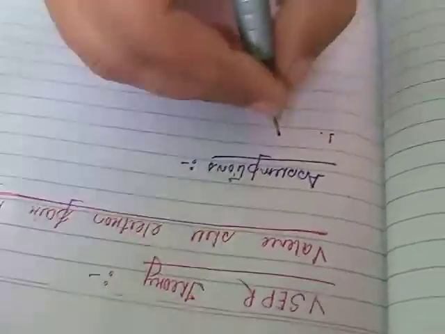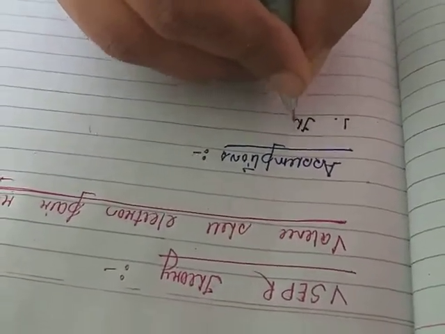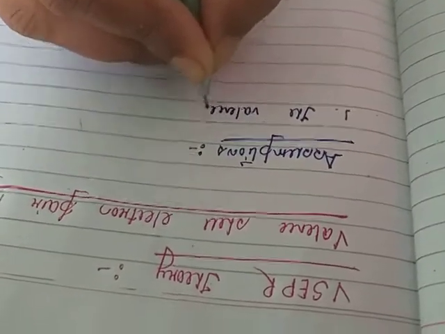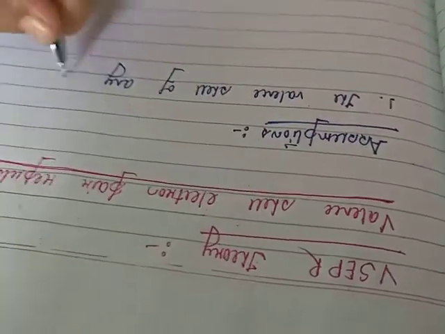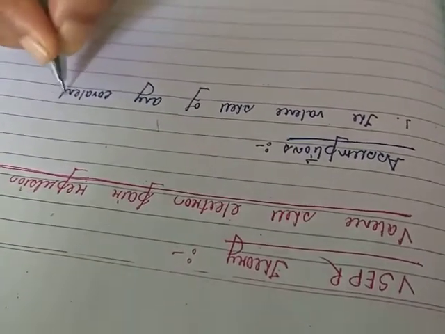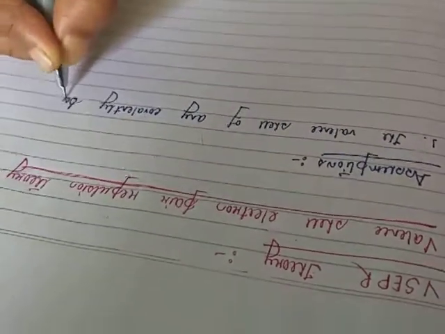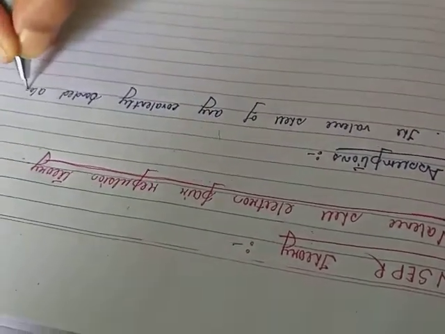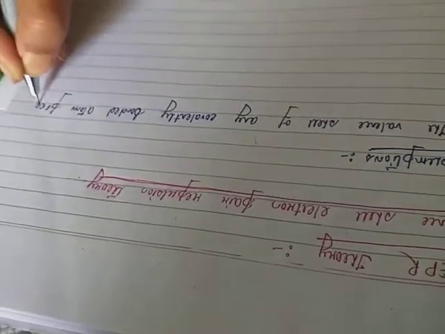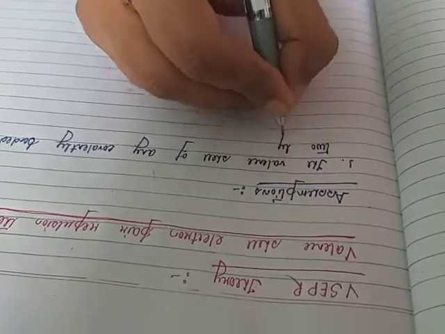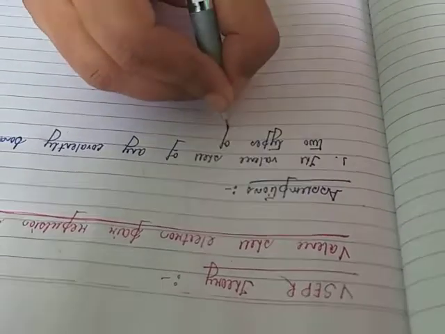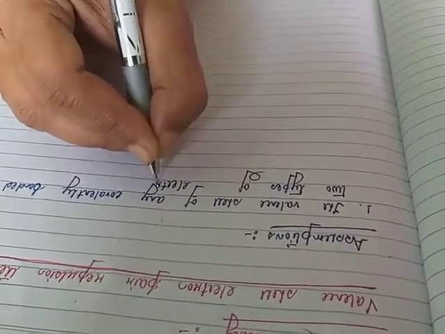The first one is that the valence shell of any covalently bonded atom possesses two types of electron pairs.